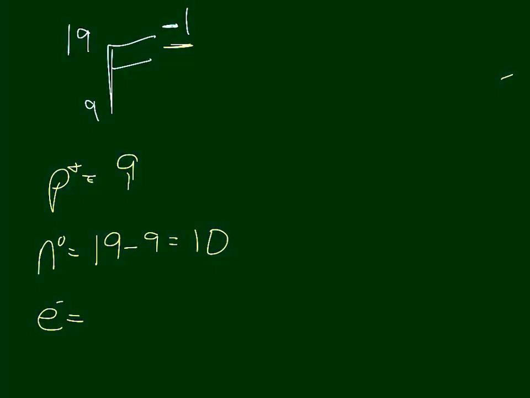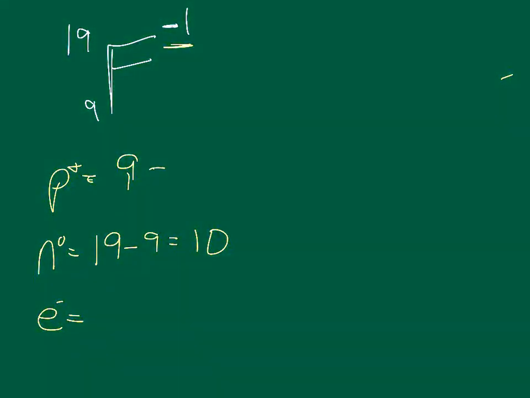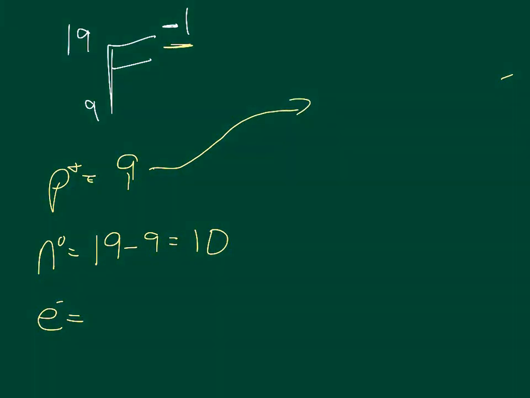So let's take a look at how we figure this out. I said I have 9 protons. Each proton gives a plus 1 charge, and I have 9 protons, sorry. 9 protons. So that means I have a plus 9 charge coming from my protons.